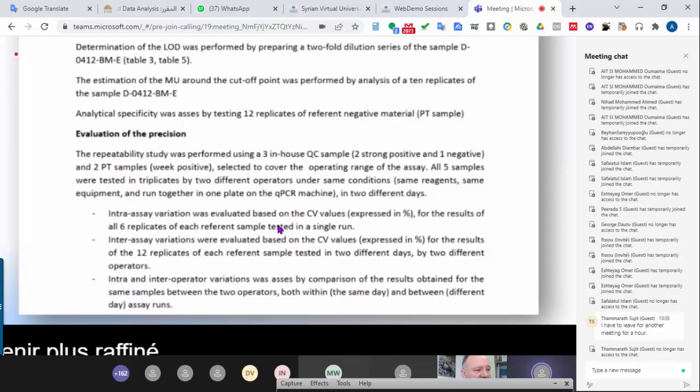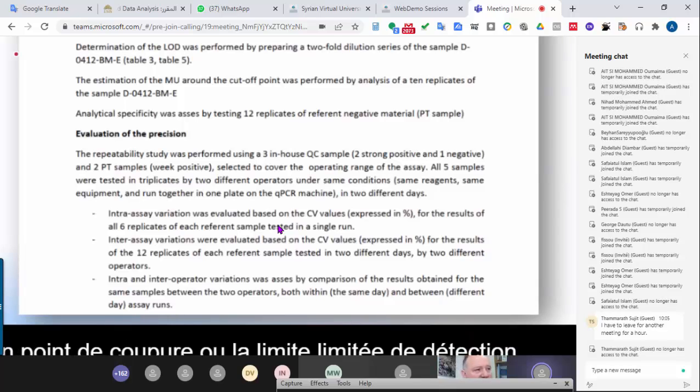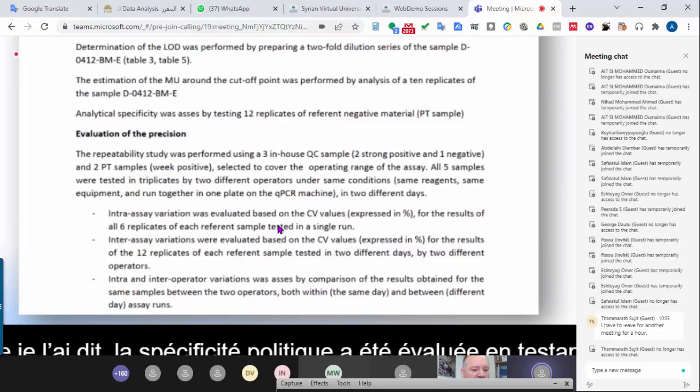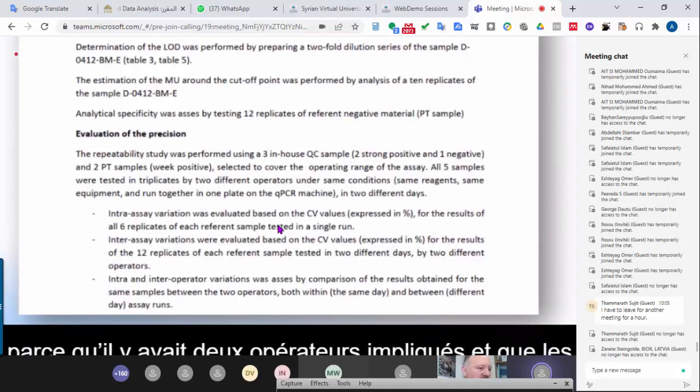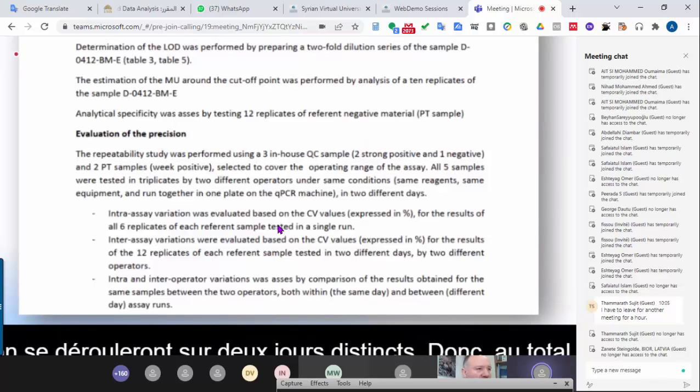And as I said, the analytical specificity was assessed by testing 12 replicates, because there were 2 operators involved, and the tests on this sample were performed on 2 separate days. So in total, we had 12 replicates of the negative sample deriving from the PT panel.